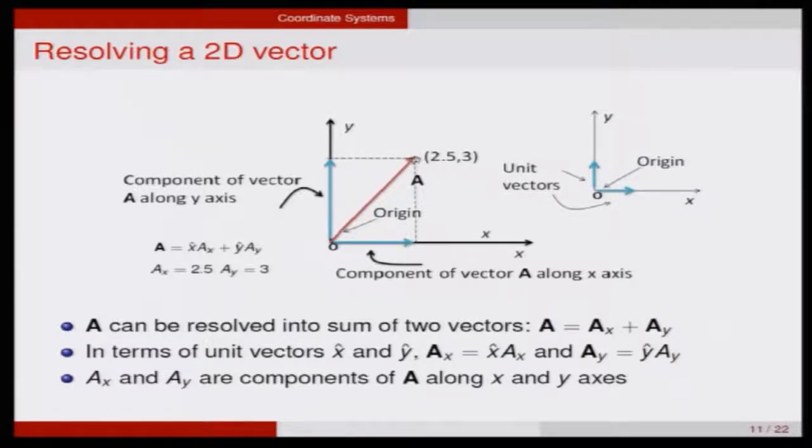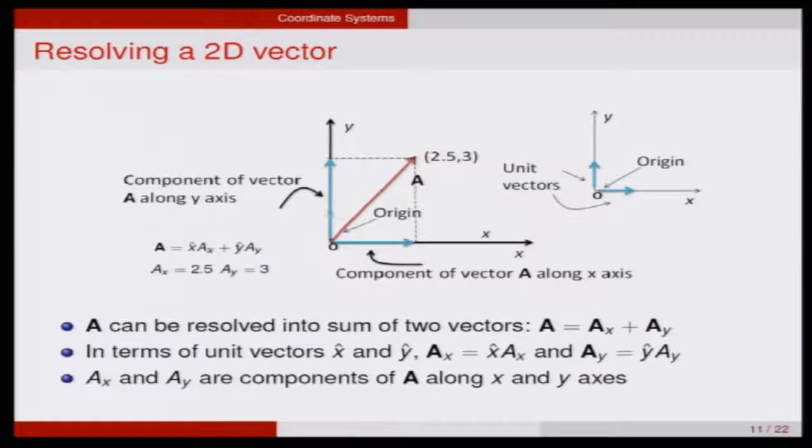Now if you remember how we added two vectors, you had one vector from the origin, and to that you added another vector by parallelly translating it such that the tail of the second vector coincided with the head of the first vector. So I have a horizontal vector, then a vertical vector. The sum of these two vectors is obviously the vector OA, which you can see very clearly over here.